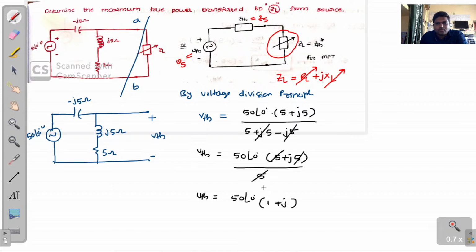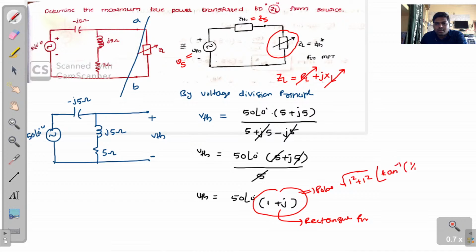Okay, this is your rectangular form. Now you need to convert it into polar form. So what is the polar form? You find the magnitude, that is the square root of 1 squared plus 1 squared, and tan inverse of imaginary part by real part.